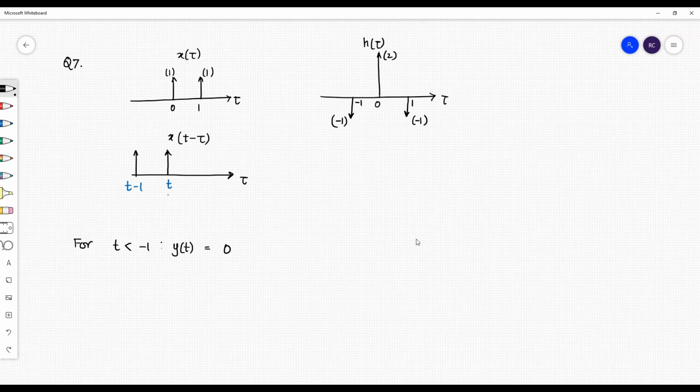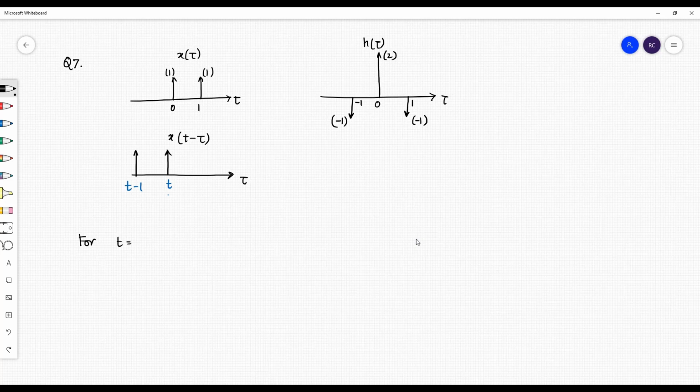Now, it's very obvious by looking at these signals that the only possibility of there even being an overlap is only at integral values of tau. So there can be an overlap at tau equal to minus 1, 0, 1, and 2. That's it. There's no other possibility of overlap. So instead of writing it as a range of t, we can also write it as an exact value of t.